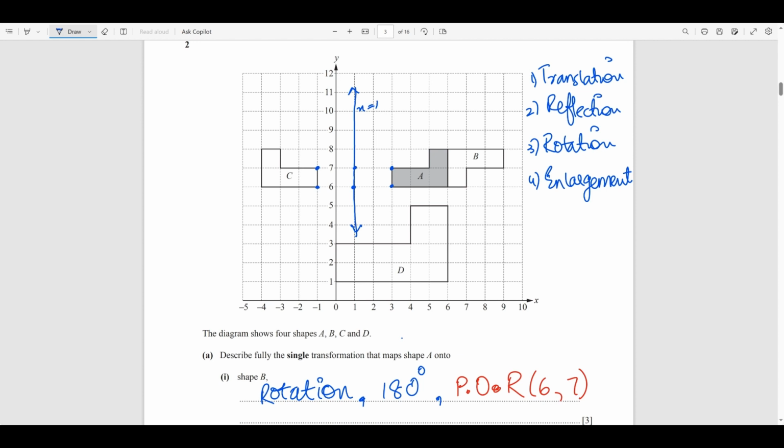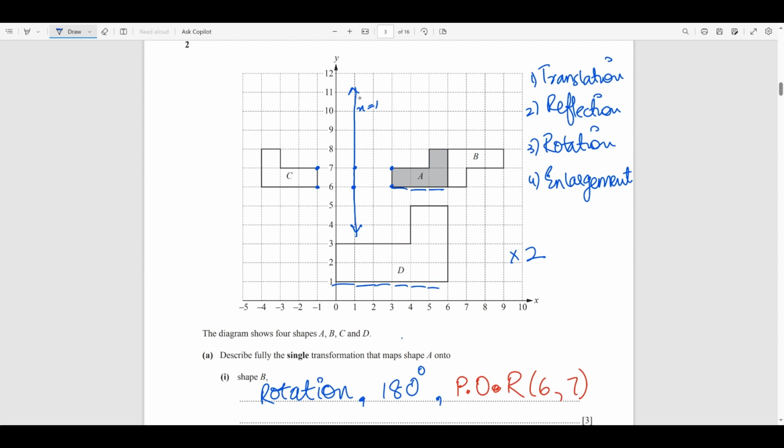Anyway, D is the enlargement of A, and first of all we'll see the center of enlargement and then the enlargement factor, the scale factor. Just notice that these are 3 blocks, and these are 1, 2, 3, 4, 5, 6 blocks. So this is a multiplier of positive 2, because it looks like it has translated.